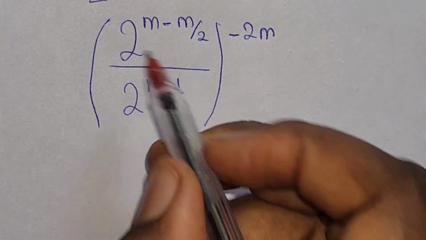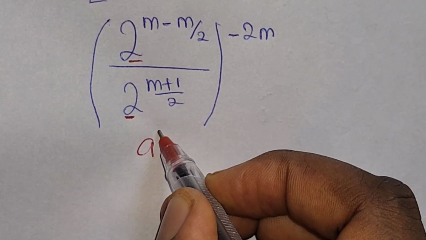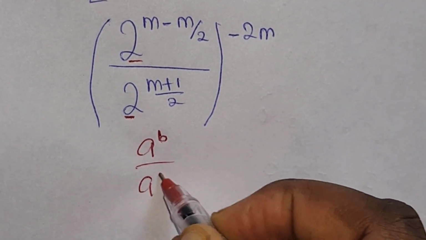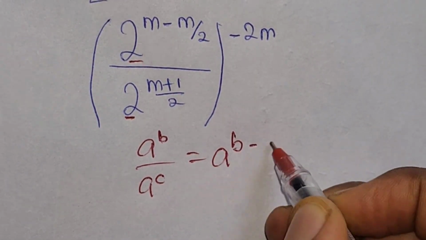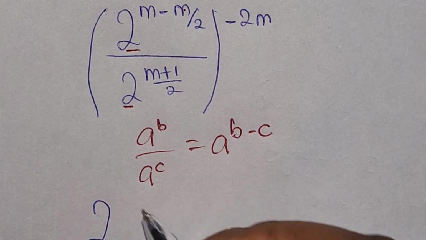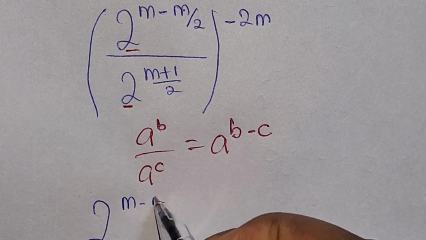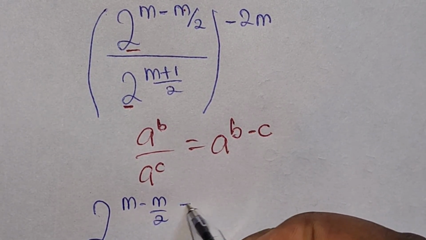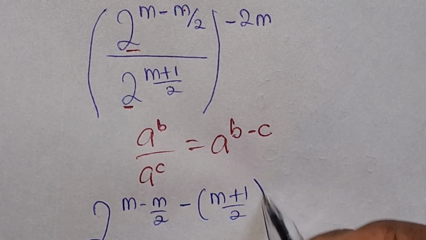So from here we have the same base, which is 2. When we have a to the power of b over a to the power of c, this is the same as a to the power of b minus c. So we'll be subtracting these powers to have 2 to the power of m minus m over 2, minus m plus 1 over 2.